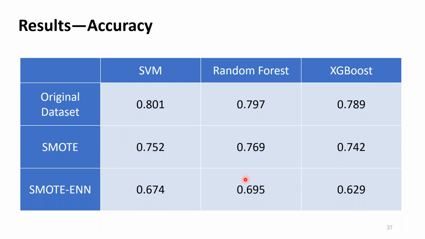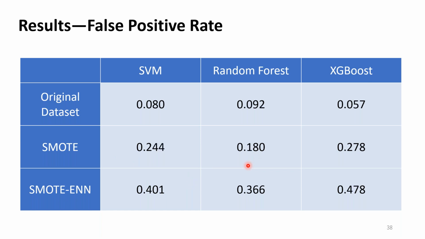As you can see in the table, in all classifiers, accuracy is the highest in the original dataset and lowest in the SMOTE-ENN. The reason for the decrease in accuracy when we use SMOTE and SMOTE-ENN is the increase in false positive rate. So let me check the false positive rate here.